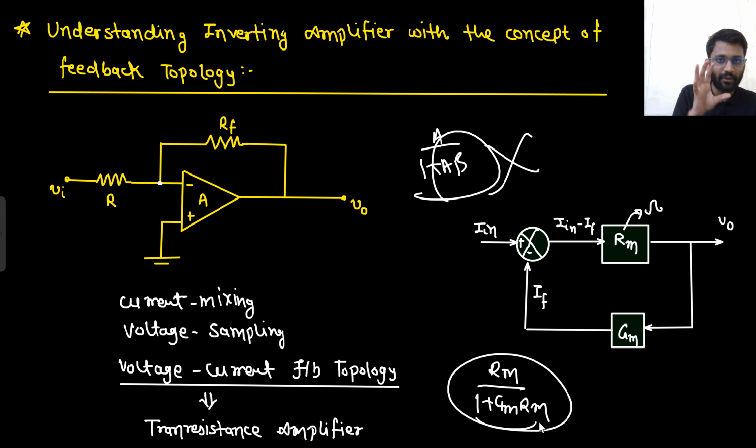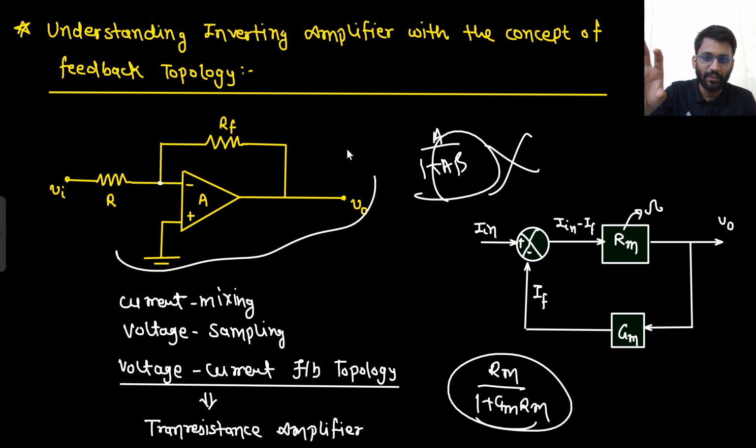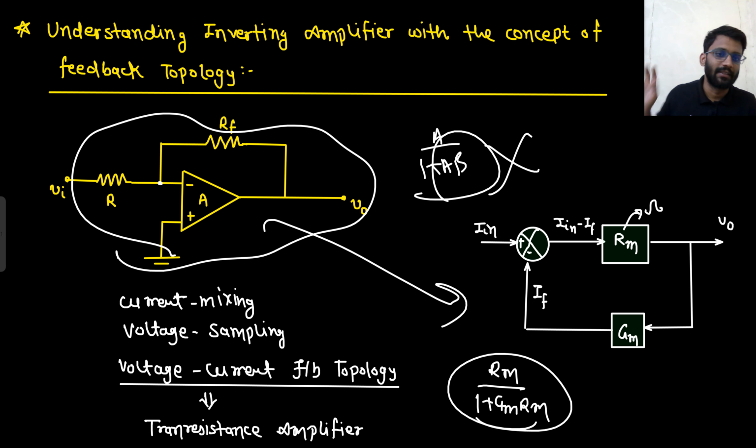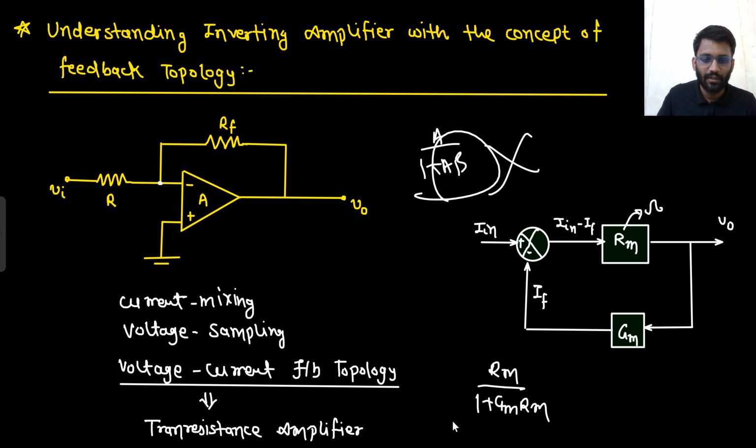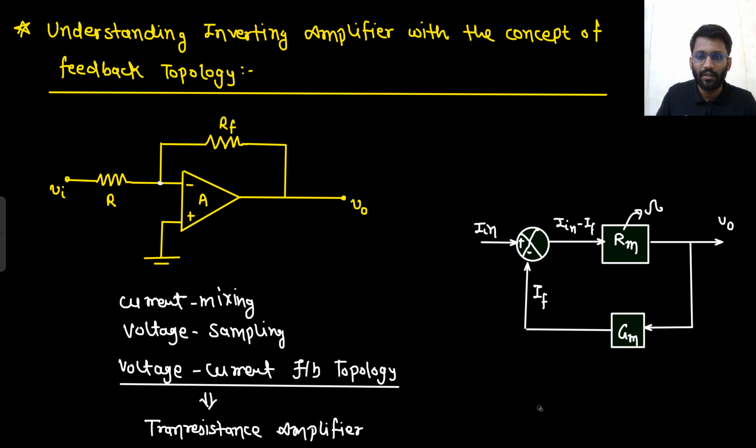So let's frame a question out of it and then try to make the block diagram of this particular configuration like this. Our target is to make that block diagram of this particular configuration. So this is our target, right? So I will frame a question out of it. How will I frame it?